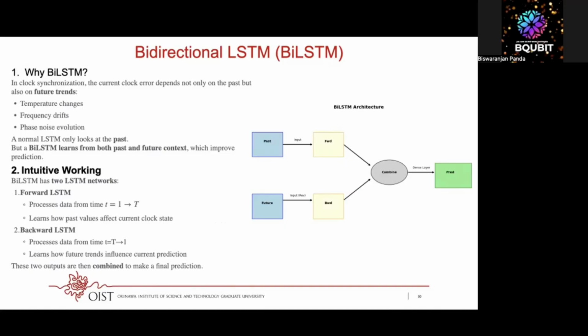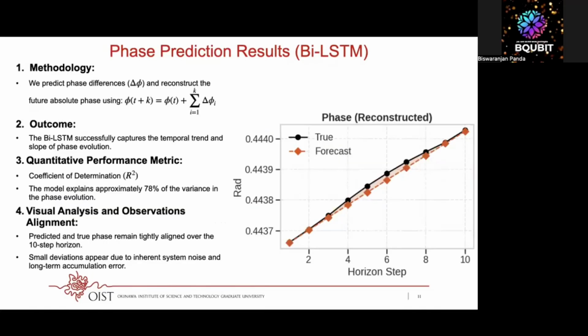Okay, so we'll go to the next slide, our result. By using Bi-LSTM, you can see here I only did it with the phase drift. The result is that the Bi-LSTM successfully captured the temporal trend and slope of the phase evolution.